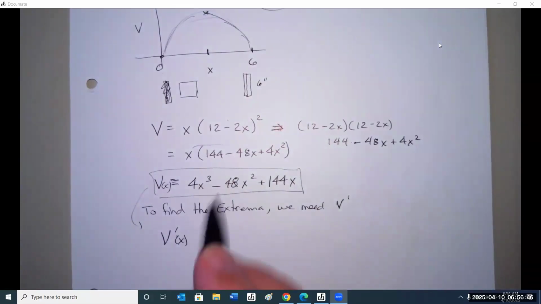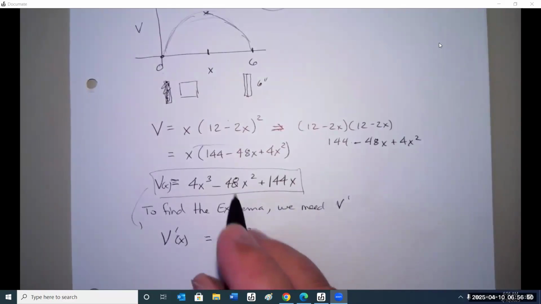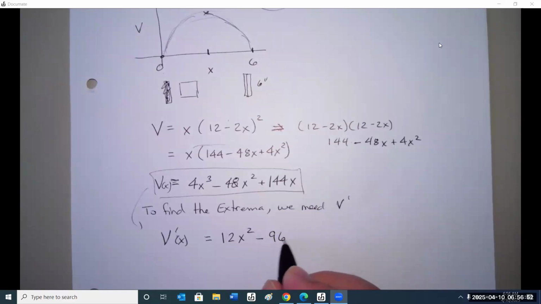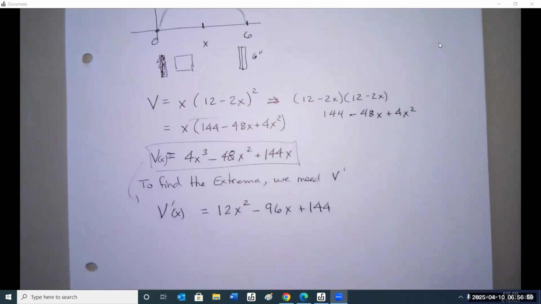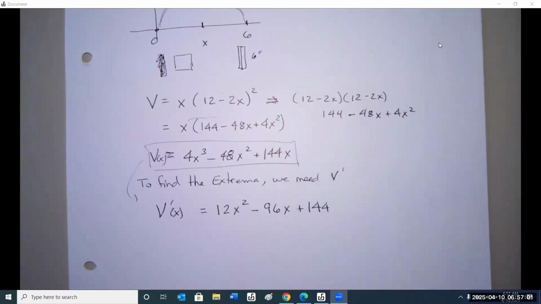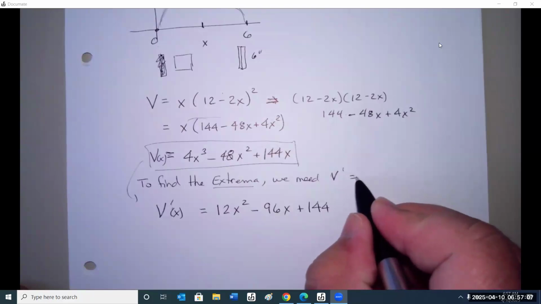So that's going to be 12x squared minus 96x plus 144. To find the extrema, we need V prime, and then we have to set it equal to 0.